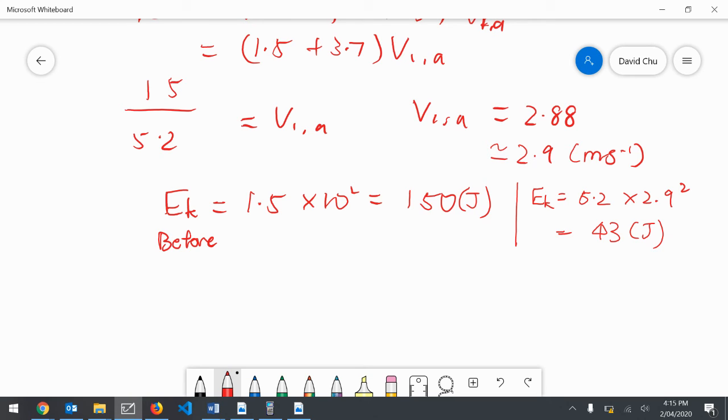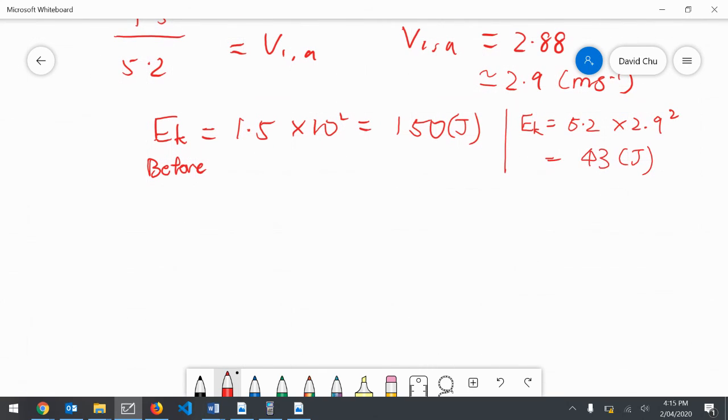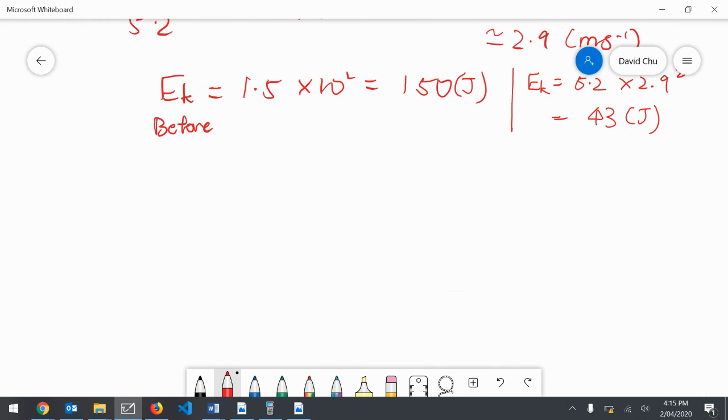Now, there are types of collisions that allow you to conserve both kinetic energy and momentum. So we're going to go through different types of collisions.